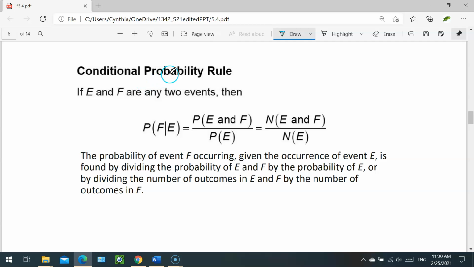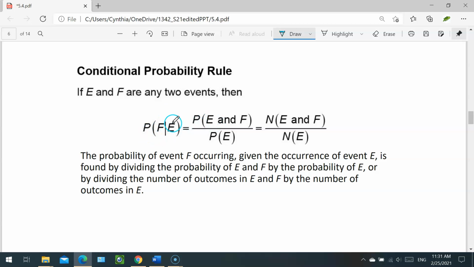So the conditional probability rule: if events E and F are any two events and they have that conditional relationship, right? This has something overlapping. In fact, you can use this to convince yourself that it's not an independent event. So we use a vertical bar, and again, whoever stays in the front makes a big difference, so you have to recognize your question.